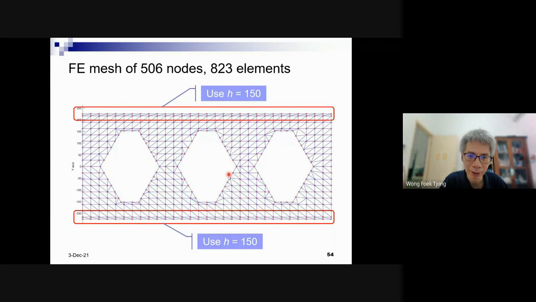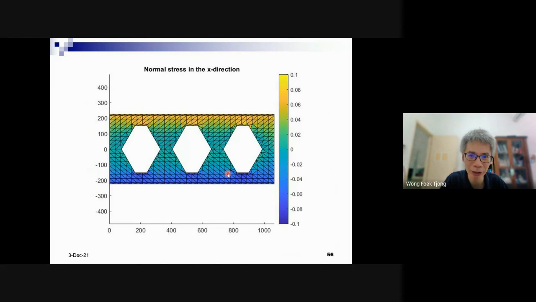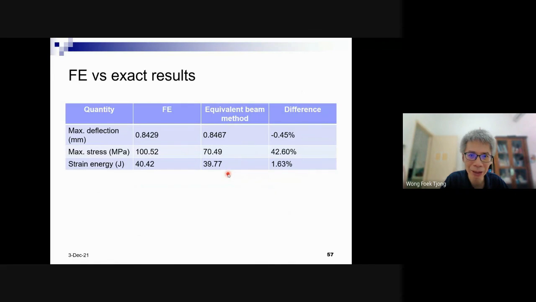Okay. And then this is the deflection due to bending moment. And this is all using my program, right? For free. So you can do the same using my MATLAB codes. This is the result, stress. This is the comparison.